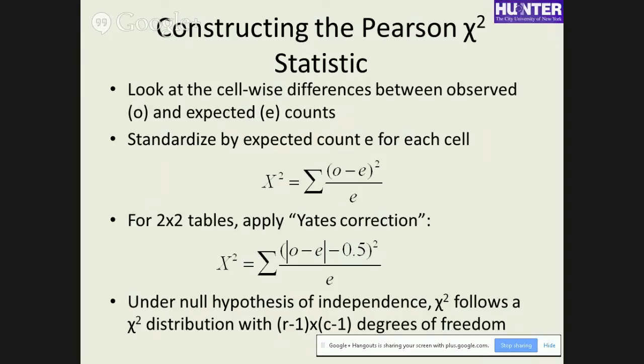Now, from these two tables, from what we've observed and then what you've calculated as expected, the chi-squared statistic is pretty straightforward to calculate. This is a new statistic. We've so far used the Z statistic, which was the standard normal distribution. We've used the T statistic, which has a different distribution for each number of degrees of freedom.